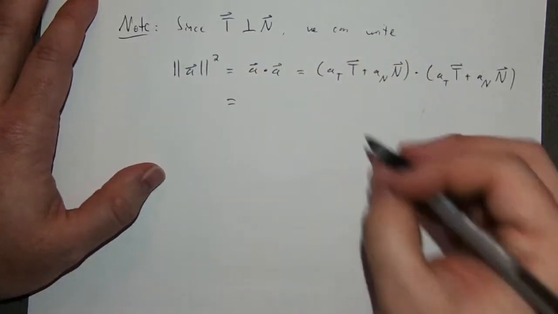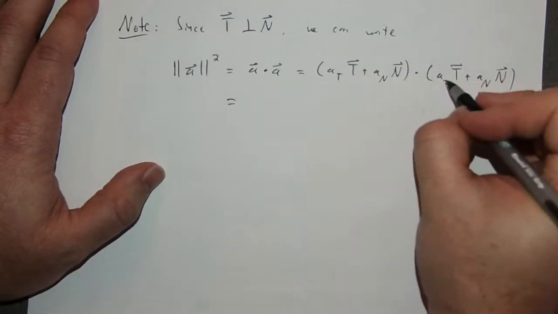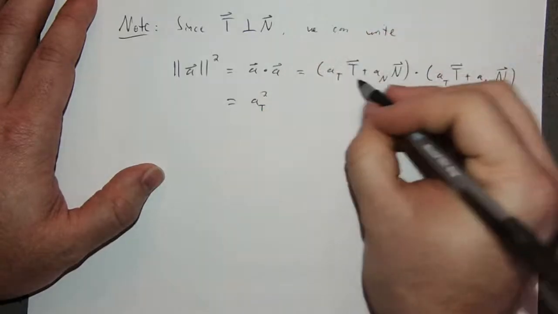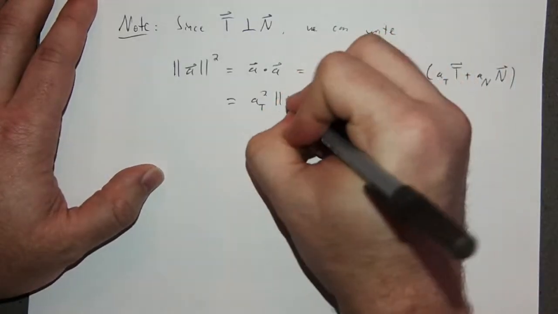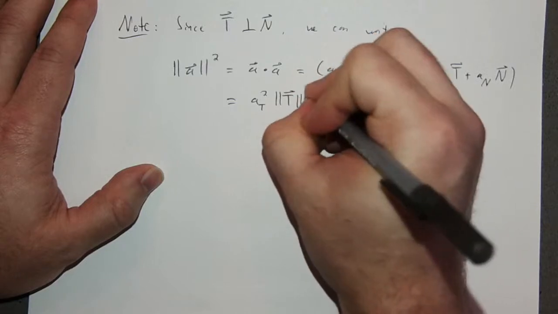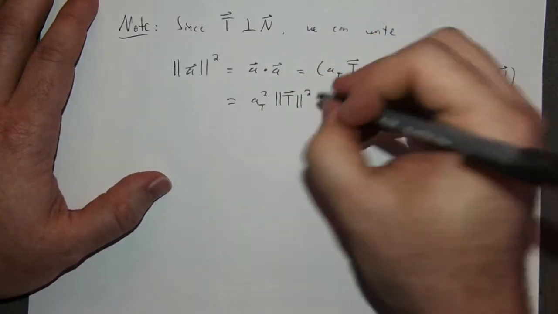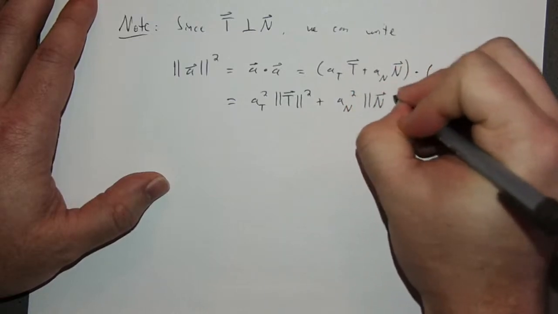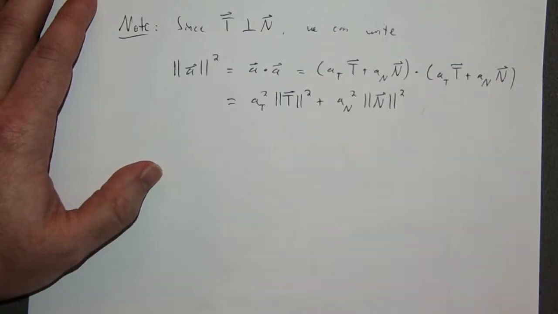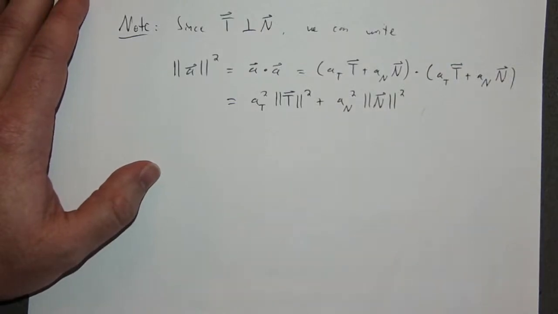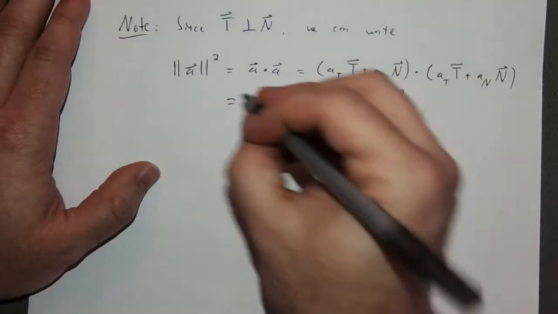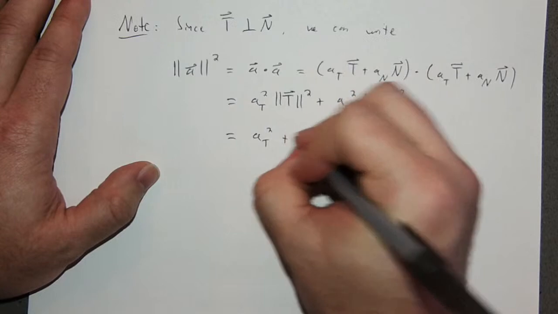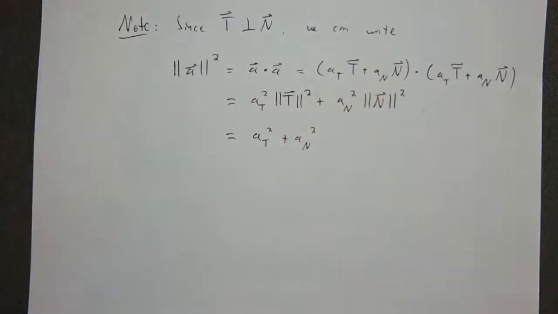Okay, and so what this means is that I get a sub T T dotted with a sub T T, so that is a sub T squared. T dotted with itself is the length of T squared. Plus same thing here, a sub N squared times the length of N squared. But what do you know about the length of the tangent and normal vectors? The way that we've defined them, they're both unit vectors, so these are both 1. So actually, this is the tangential component squared plus the normal component squared.